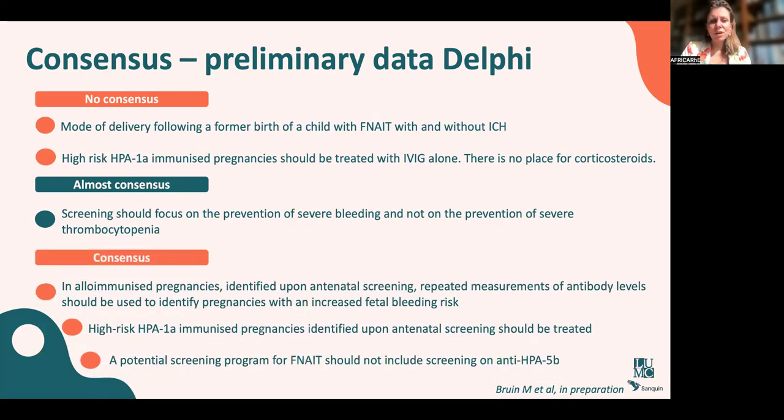Again, we found some consensus in alloimmune pregnancies identified upon antenatal screening: the repeated measurements of antibody levels should be used to identify the pregnancies with an increased fetal bleeding risk. And that also includes HLA-DRB3.